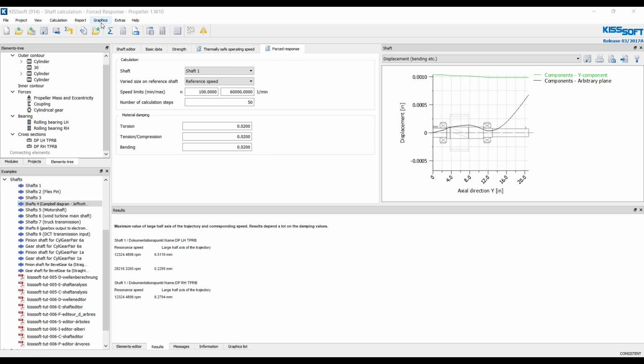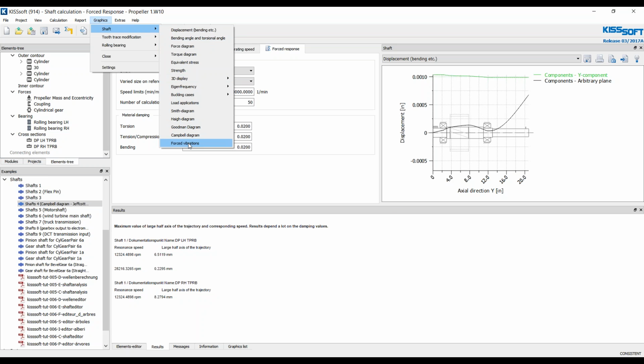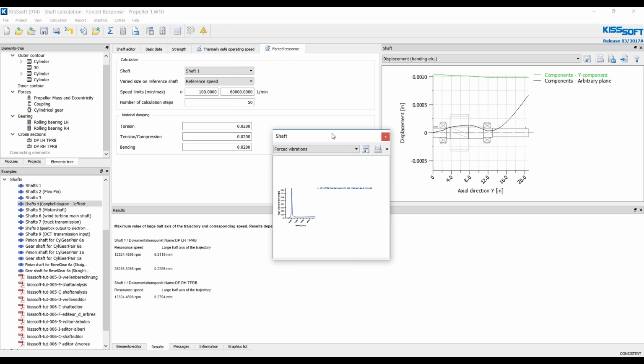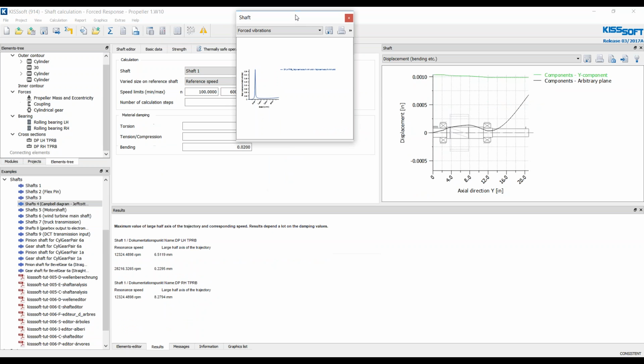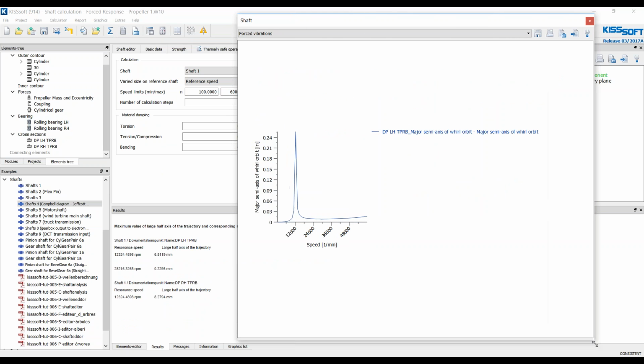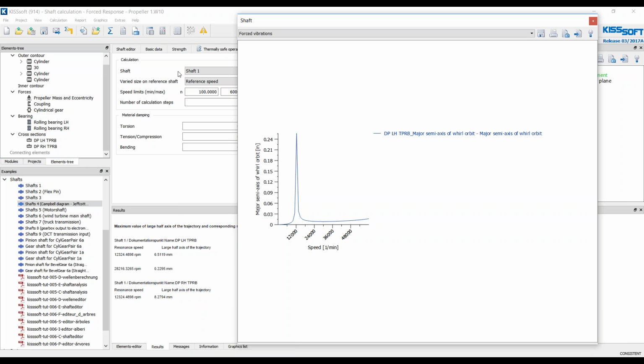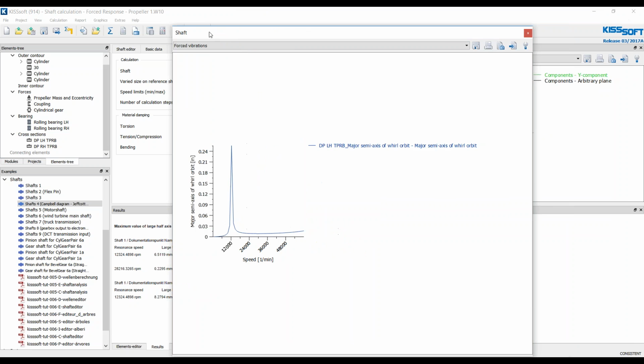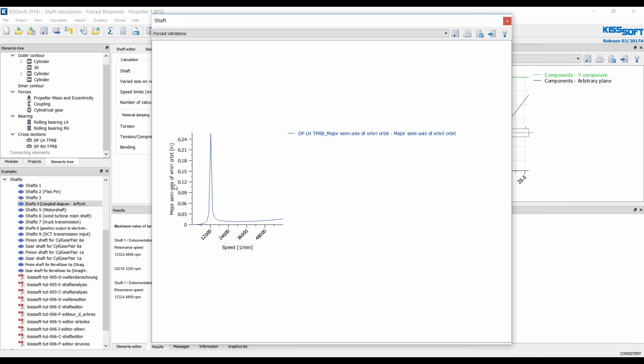But then when we look at Graphics, Shaft, Forced Vibrations, we can get a better idea of what our bearing loads are going to be if we run this thing at resonance. So my speed from 100 to 60,000, this is my major displacement of orbit, this is my whirl, right?